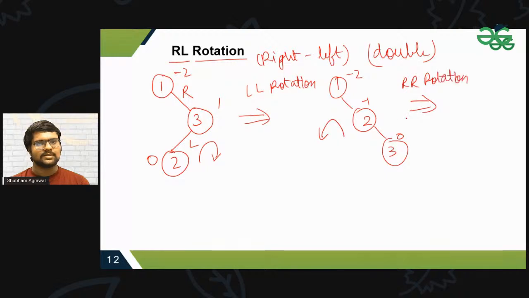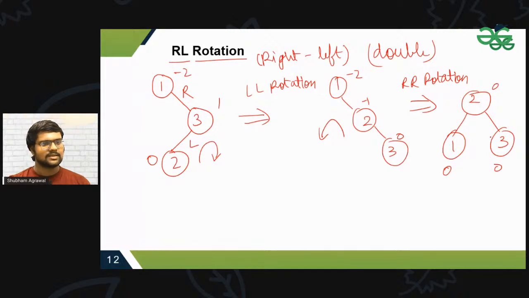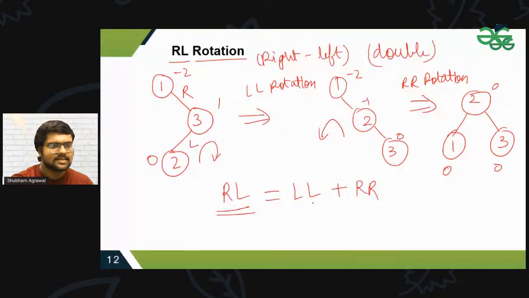Okay, so here if we compute balance factor again, it is 0, 0, 0. So all are zeros. Okay, and now it is balanced. So for RL we have LL rotation first and then RR rotation. Okay, so this is about the rotations in the AVL tree.